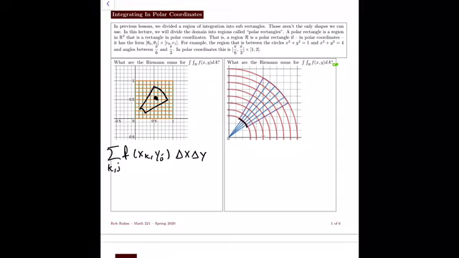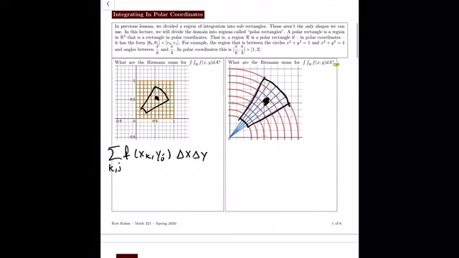Let's look at that same region, but from a polar perspective. So it's the same region that I've outlined. And now what we want to do is for each rectangle, we want to evaluate f at some point in that rectangle and multiply it by the area of that rectangle. Now when I say rectangle, I mean polar rectangle. So to do this it has to be in polar coordinates.